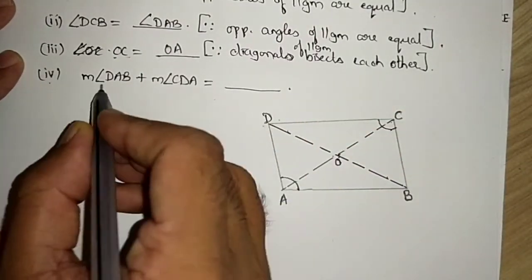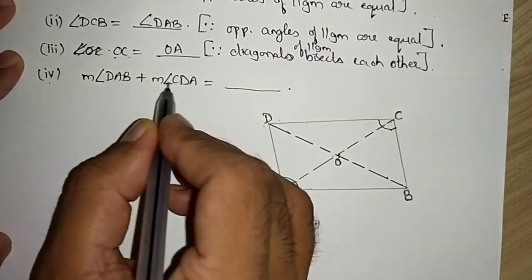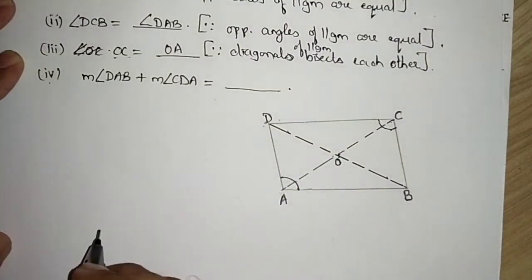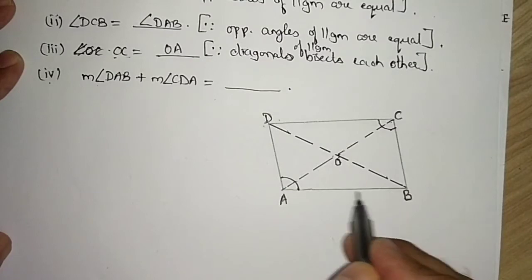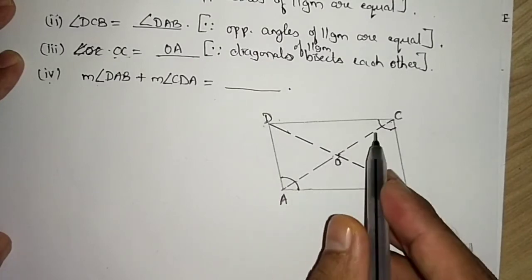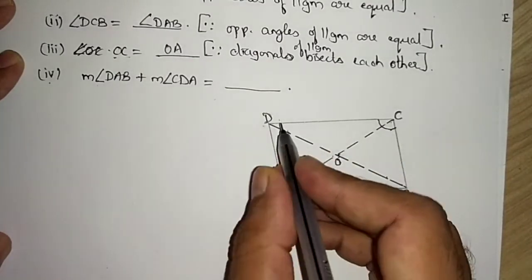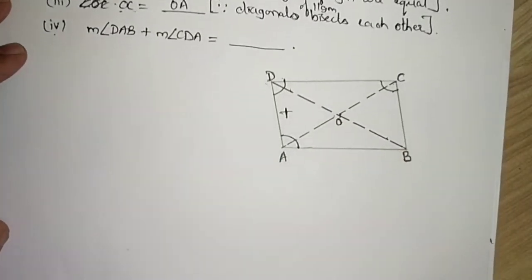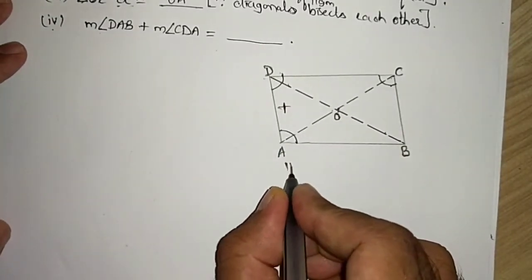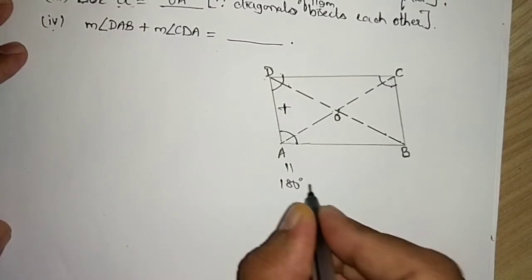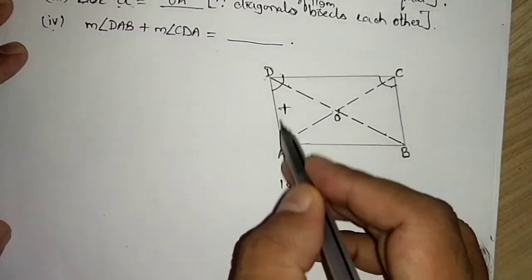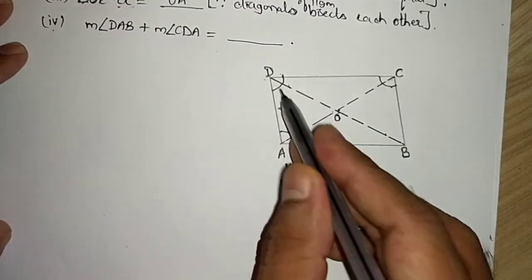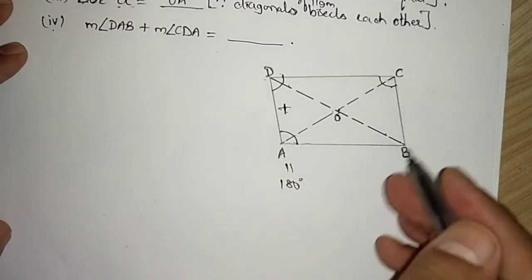Now fourth one, measure of angle DAB plus measure of angle CDA. DAB, this angle, plus CDA, this angle. If you add them, what will be the result? You know that in introductory lecture I have told you that sum of adjacent angles is equal to 180 degree.